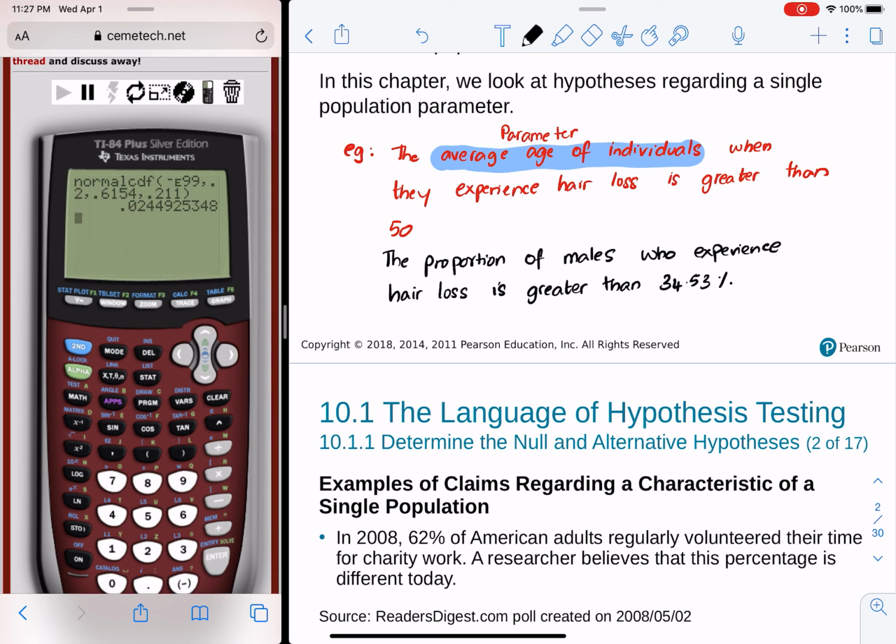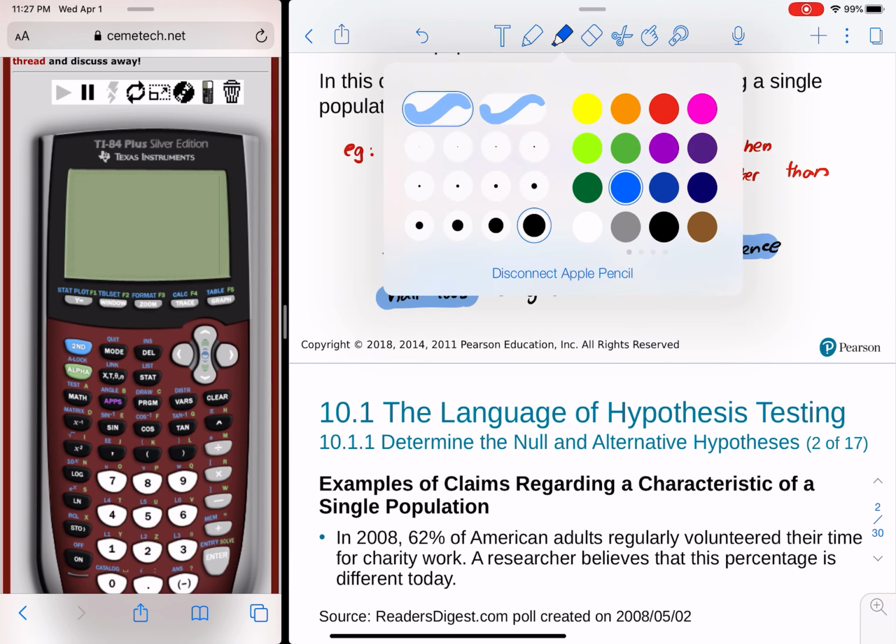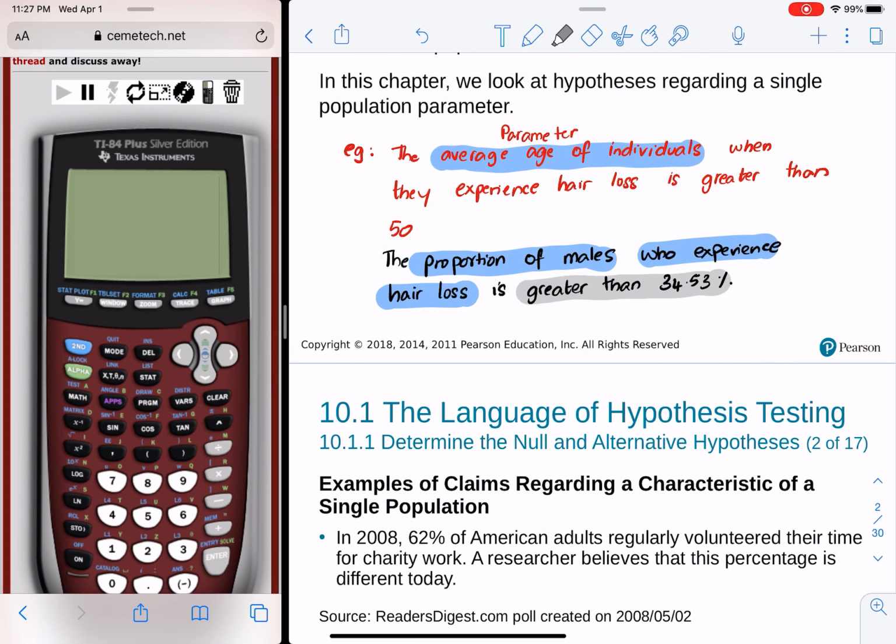So we're not making any random or arbitrary claim. We are making a claim about a specific parameter, and that parameter here is the proportion of males who experience hair loss. And the claim made here is that it is greater than 34.53%. So that would be the parameter and that is the claim or the hypothesis.